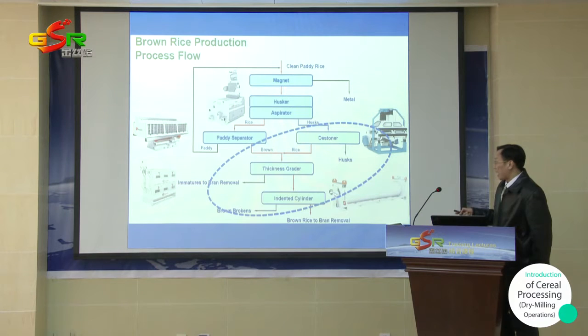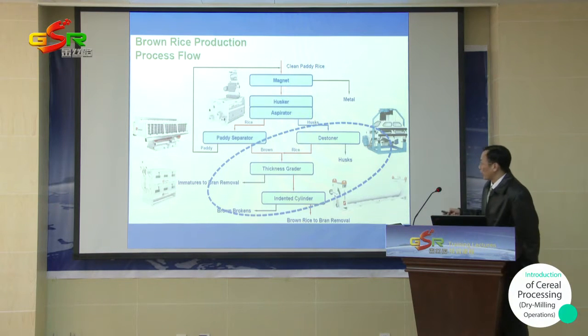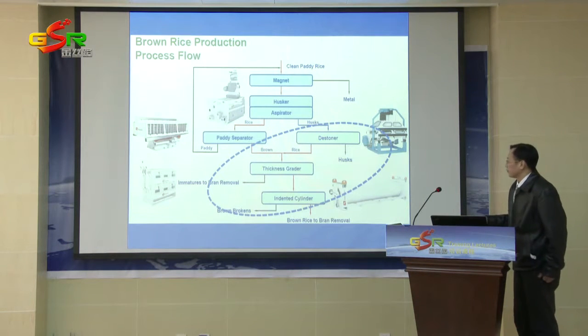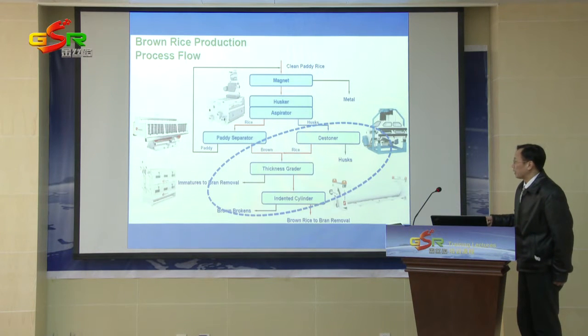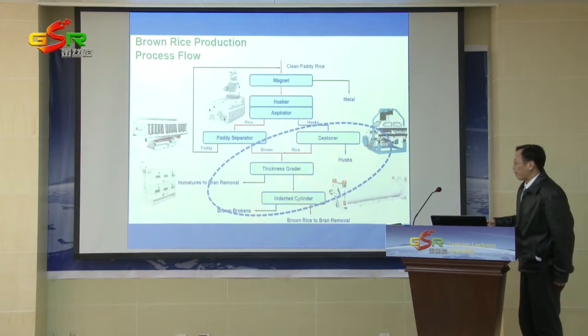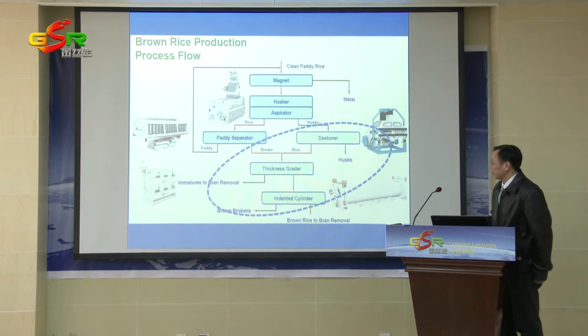And then, after the thickness grading, we can use the indented cylinder to separate kernels of different lengths and shapes to get more even brown rice. And the broken rice and the bran are removed from the cylinder.